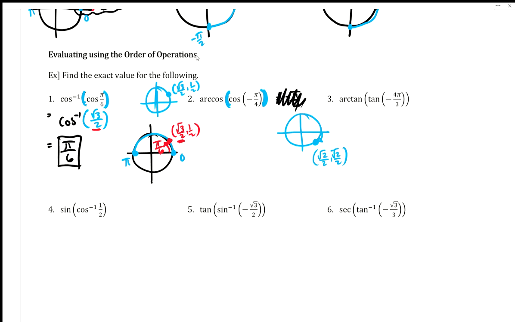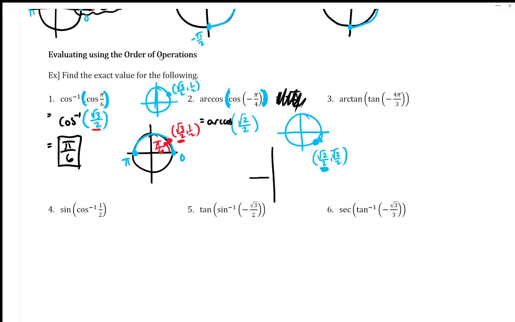The x-coordinate is what I wanted because it's cosine. So all of that in the blue is the square root of 2 over 2. And then I still have the arc cosine hanging out, so I need to do the arc cosine of radical 2 over 2.